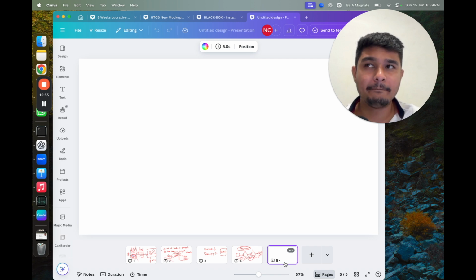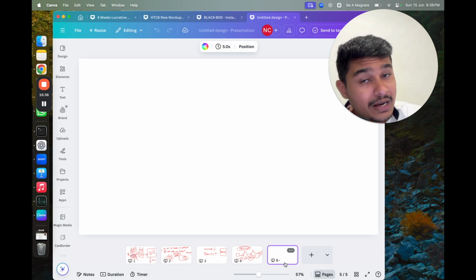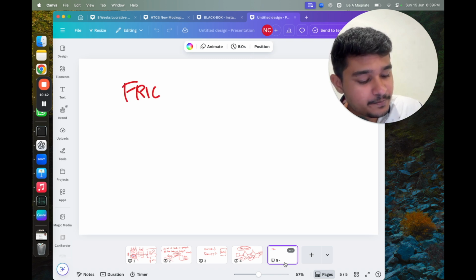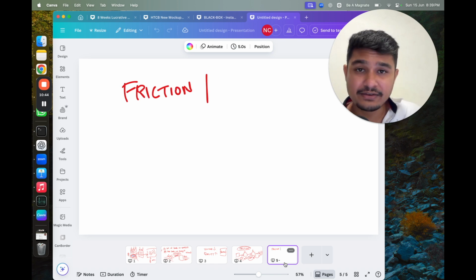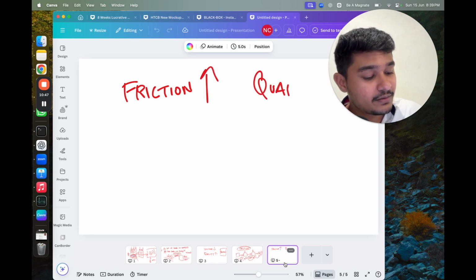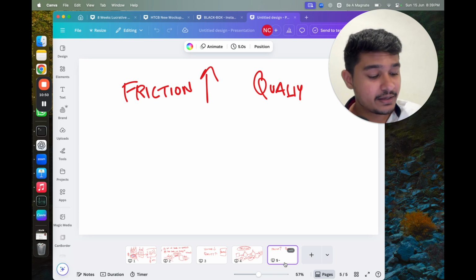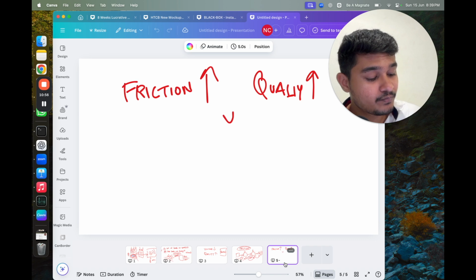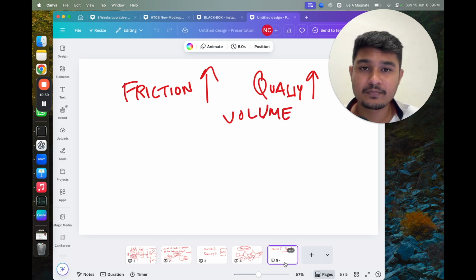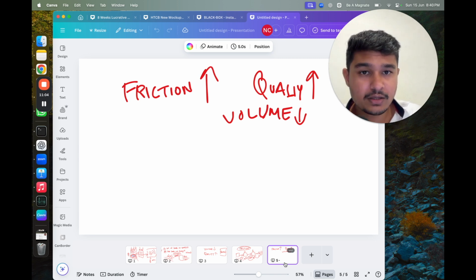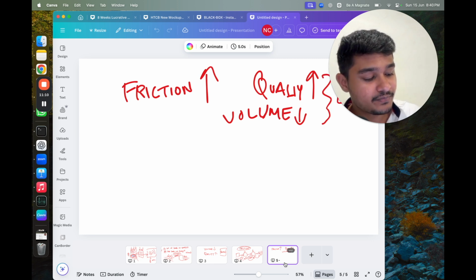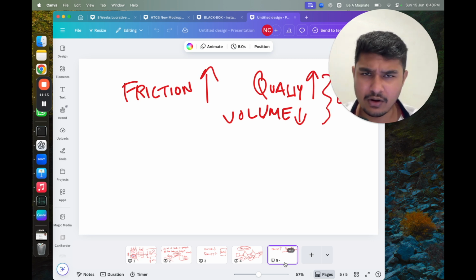So as you increase the funnel friction, the quality of these leads increases, but the volume of the leads decreases. This is all about leads. Everything is about leads. How many leads do we get? All of that stuff.